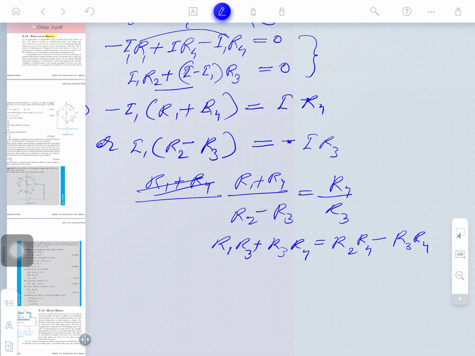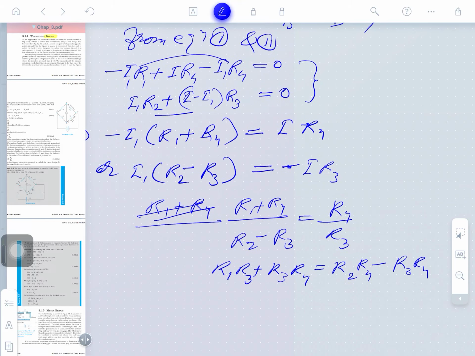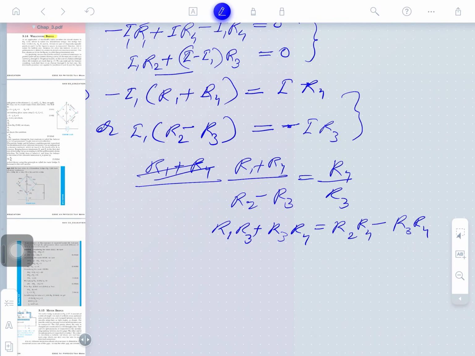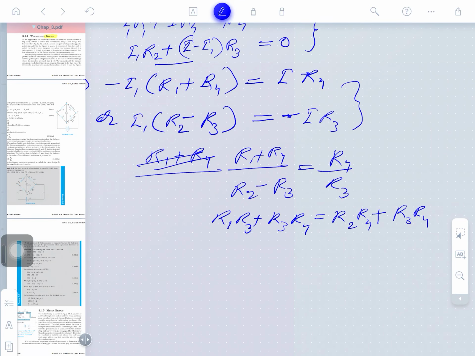One mistake we have made: one of them is negative here. So minus minus is to be cancelled. Solving these two equations, they will come as positive, so this will cancel.